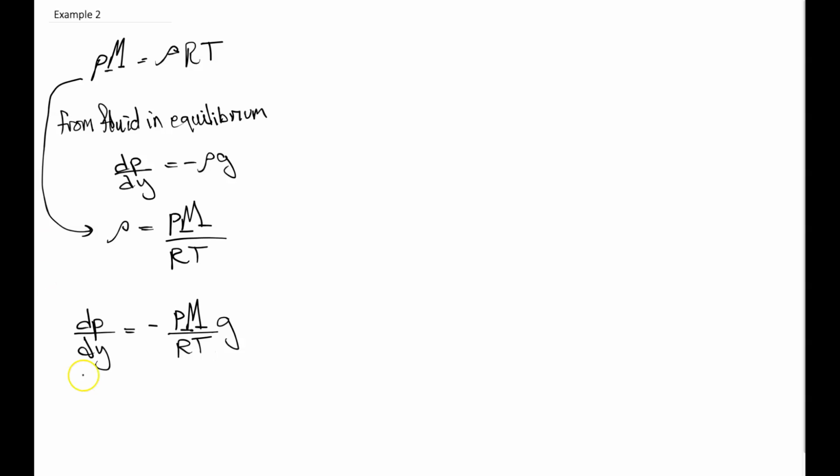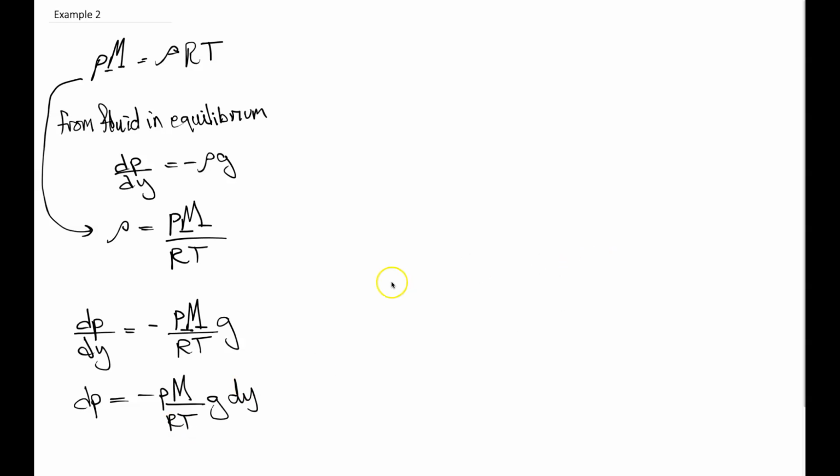And now, if you've taken differential equations, you know this is separable, but if you haven't, notice that we can divide both sides. Let's first multiply both sides by dy, and we get minus Pm over RT times g dy.